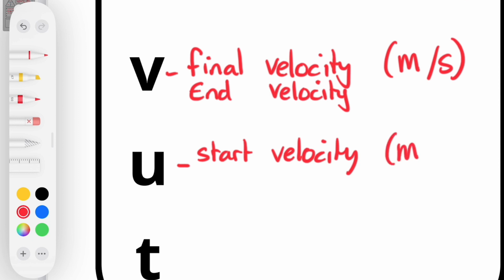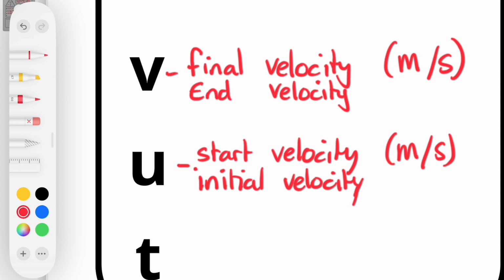Once again, measured in meters per second. Now in the exam, they won't necessarily say start, they'll probably say initial velocity. Okay, once again, still meters per second. Either of those two words for those two, final or end, is fine. Start or initial is fine. Just make sure that your symbols are the right ones.